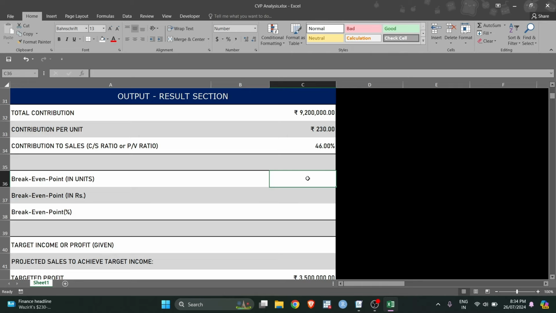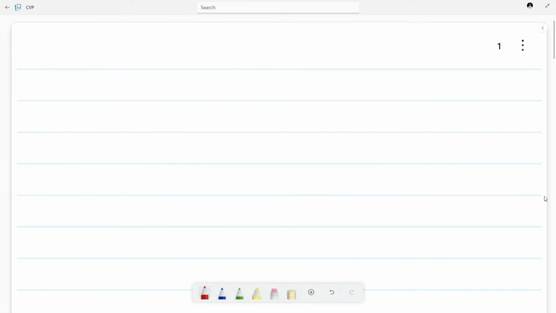When I am saying break-even point, I am saying my profits are equal to 0. I am denoting my profits by pi. What is profit? Profit is nothing but total revenue minus total cost, which is equal to 0, which means total revenue is equal to total cost.